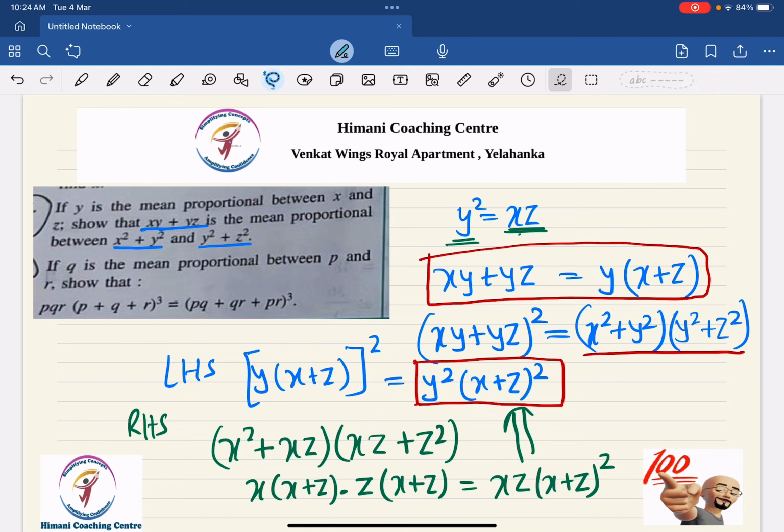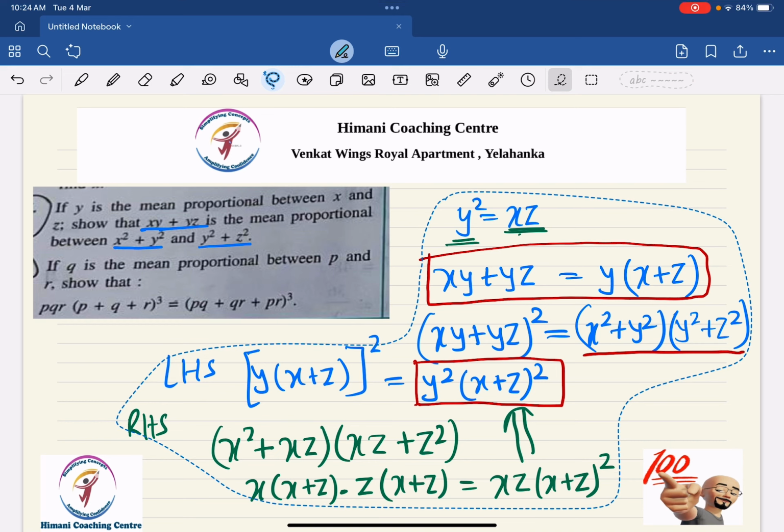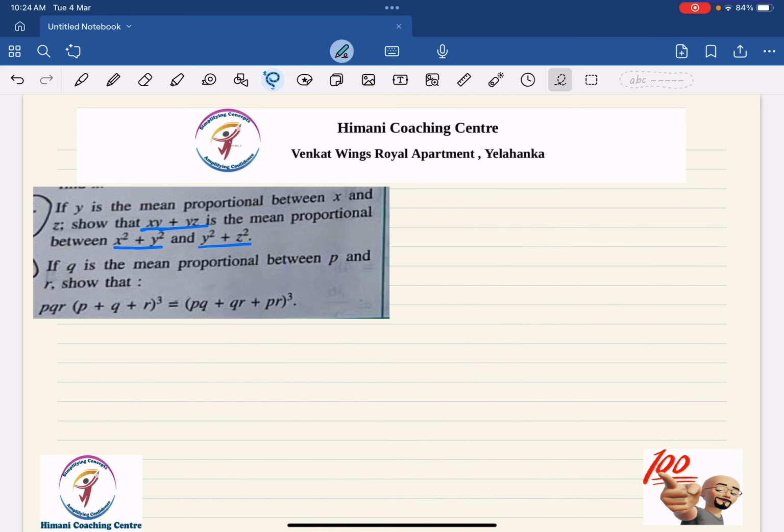So students, let me erase this part and go to question number 2 in our video, which is if q is the mean proportional between p and r, we have to show that p times q times r multiplied with p plus q plus r whole cube equals pq plus qr plus pr whole cube.